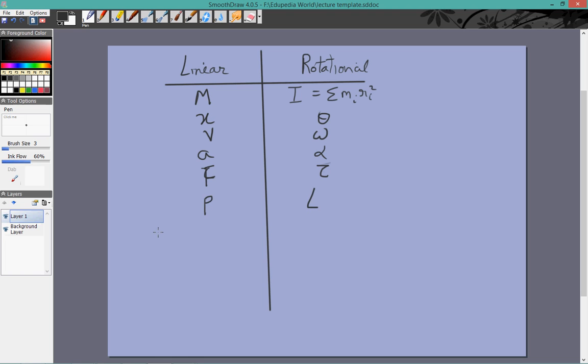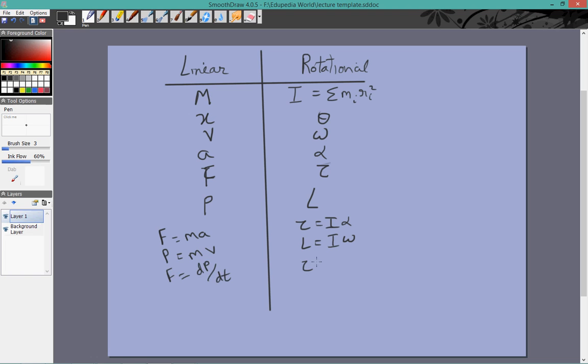We have F is equal to ma. We have torque is equal to I alpha. Again, arrows over the vectors, no arrows over the scalar. We have p is equal to mv. We have L is equal to I omega. We have F is equal to dp by dt.